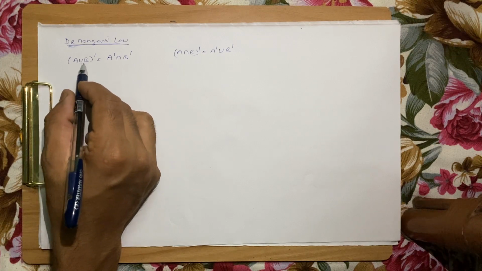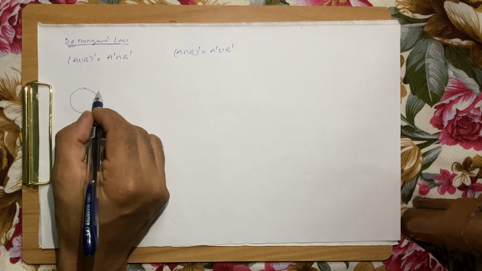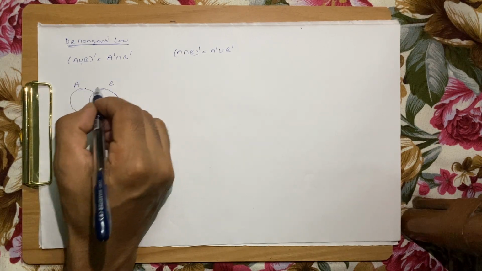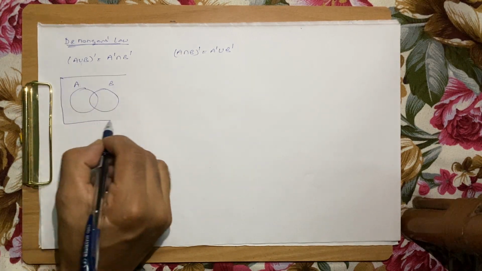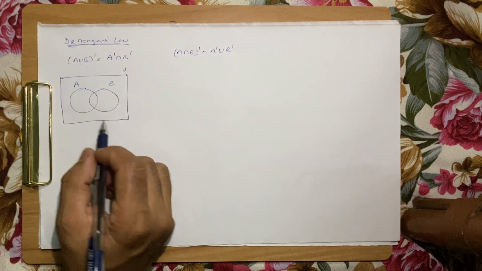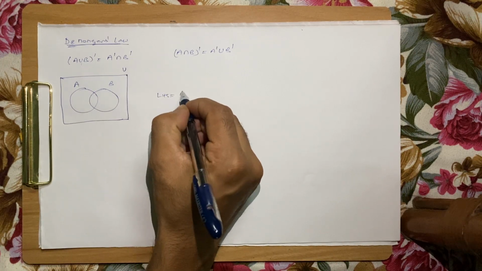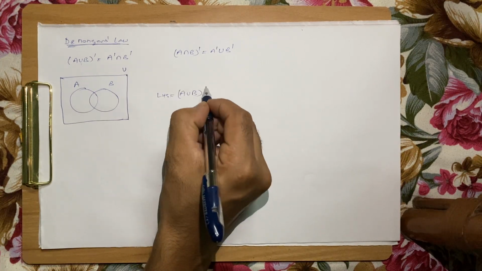Now if you think in terms of Venn diagrams, let there be two sets A and B, combined in this way, and there is a universal set for both the sets A and B. Now think of the left hand side: A union B, and then do a complement.